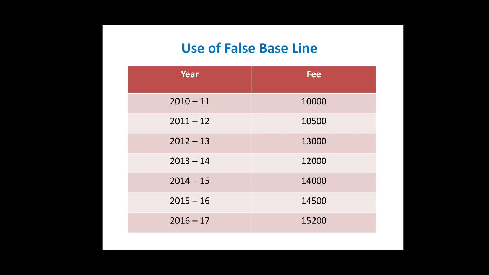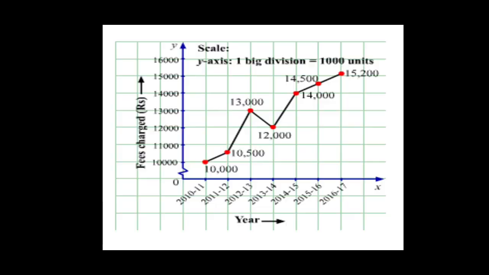This data is presented in a graph as shown in this slide with a false baseline. Like we can see here, the kink on the y-axis, which breaks the continuity of the y-axis with the origin.